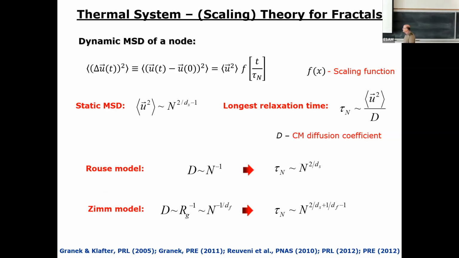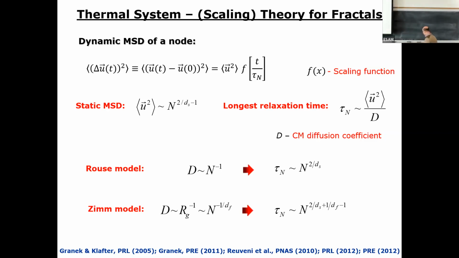Now, what you need to conjecture or assume, well, you need to know that the static MSD behaves this way. As I showed you, this is called the Landau-Peierls instability, which you can get from the fact that the density of states is omega to the ds minus 1. So you can calculate it.